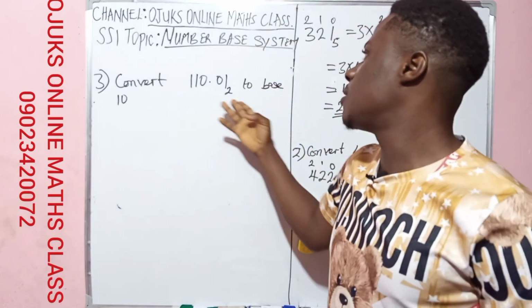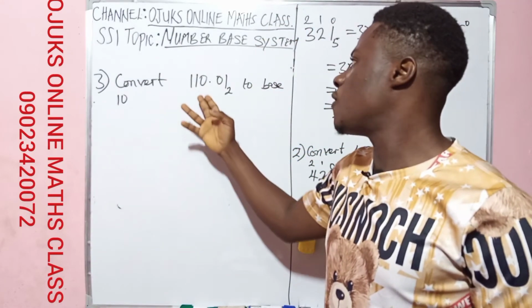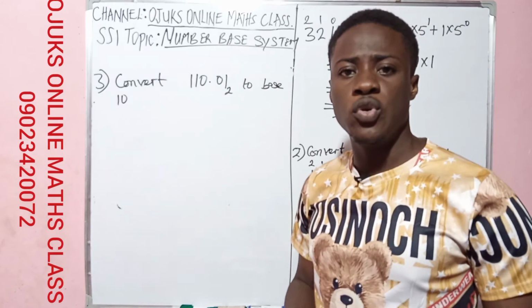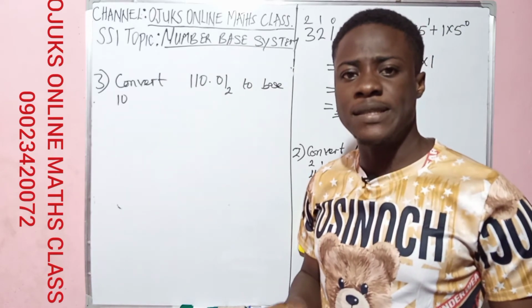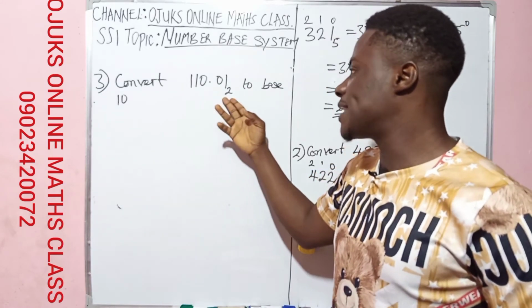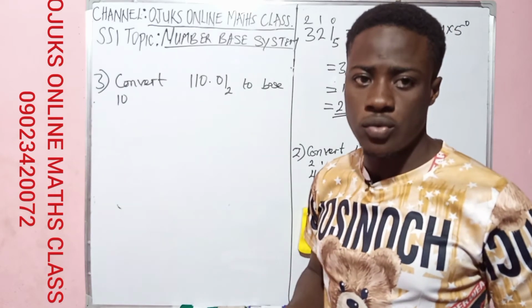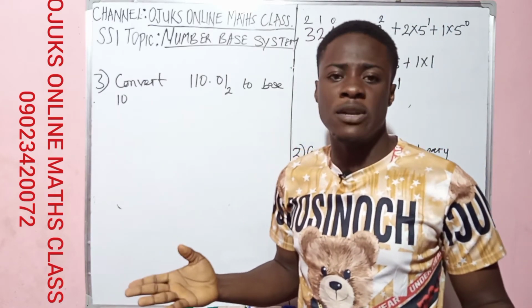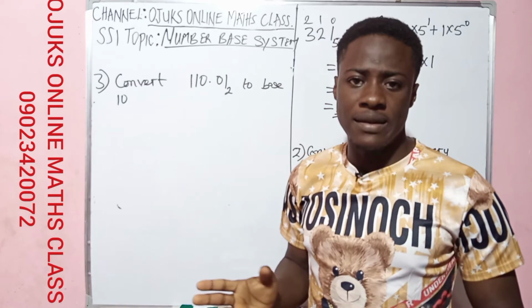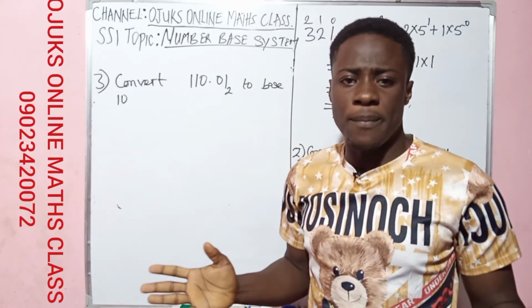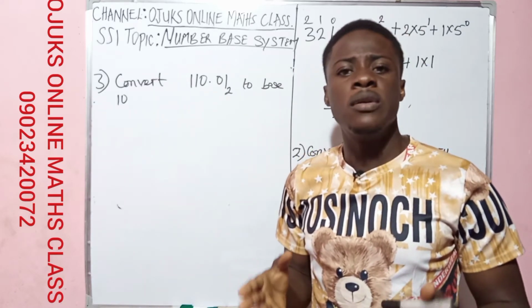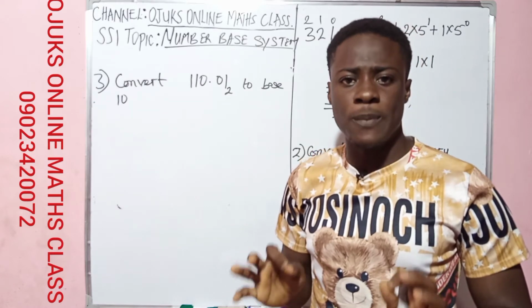This is a decimal number. We are asked to convert this decimal number to a number in base 10. As you can see, the decimal number is in base 2. How then do you convert a decimal number to base 10? It is also very simple. You assign your powers, then you do your expansion.